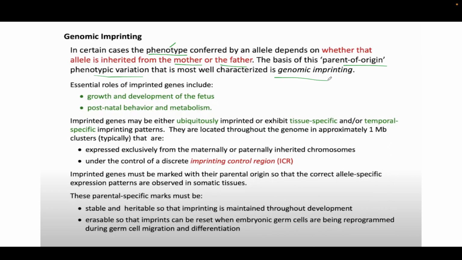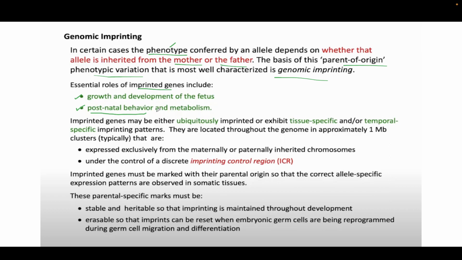Phenotype, we can call it the behavior of that particular organism, outside behavior. And the essential roles of imprinted genes include growth and development of the fetus, postnatal behavior and metabolism.